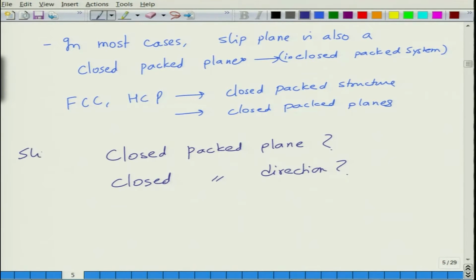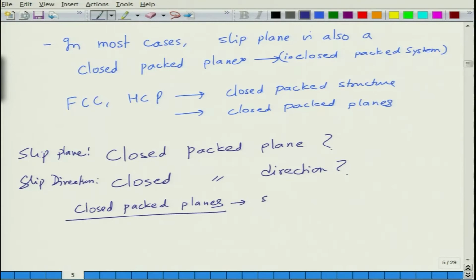This is the slip plane, this is the slip direction, and this is because in the closed packed planes the stress required to move atoms in them is smaller.